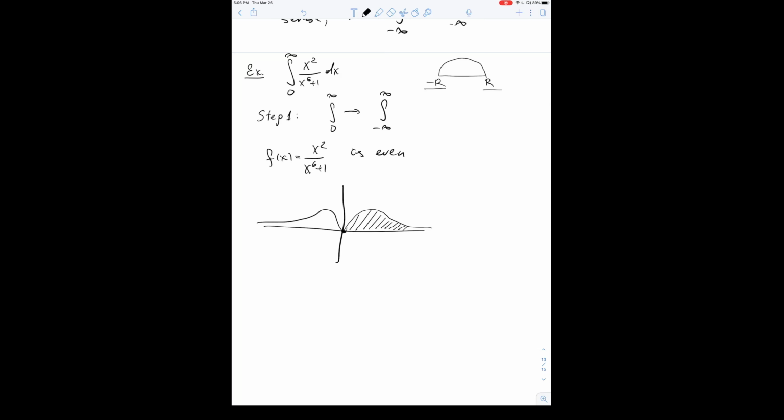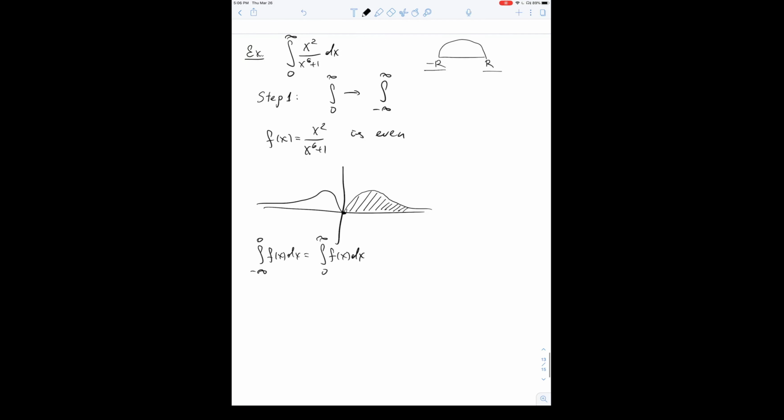Okay? So we know that the integral from minus infinity to 0 of f of x dx is equal to the integral from 0 to infinity of f of x dx. And this is because it's an even function, so this shaded area is equal to this area.